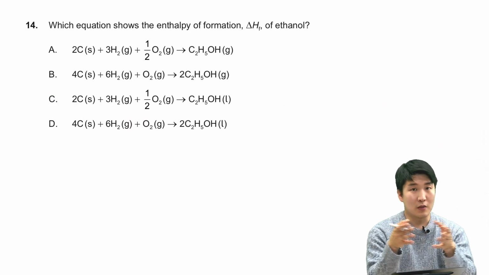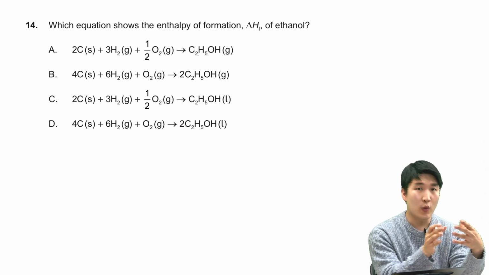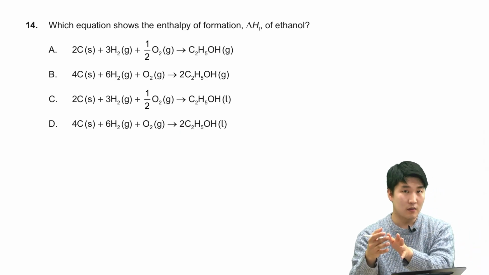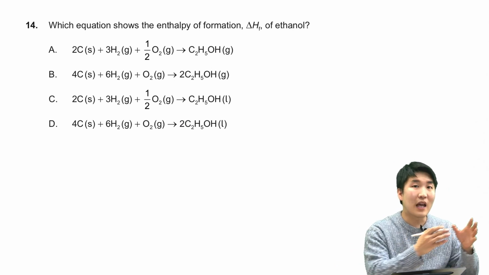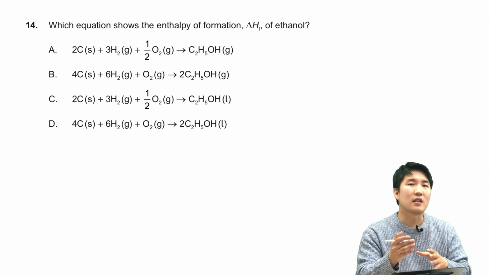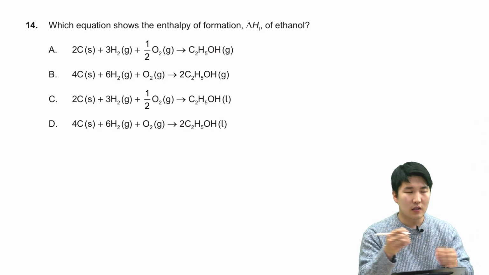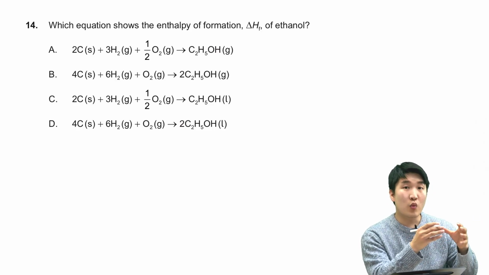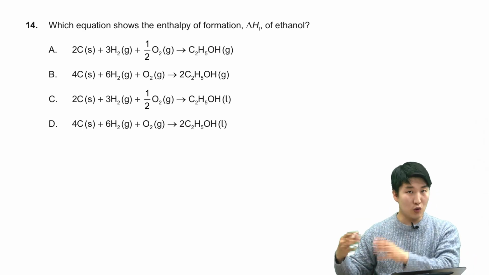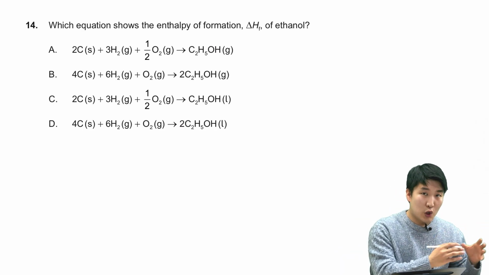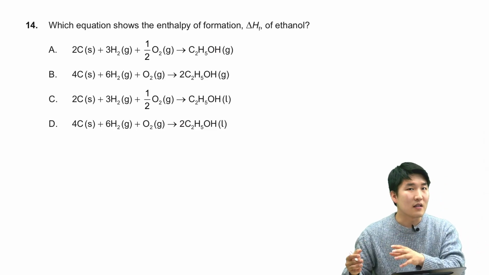Enthalpy of formation means what? Enthalpy change when 1 mole of a substance is produced from its constituent elements in its standard state. Let's make it more detailed. Enthalpy change when 1 mole of a compound in its standard state is produced from its constituent elements in their standard states.